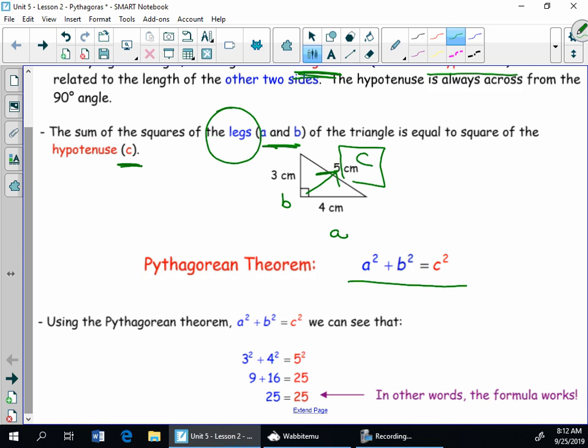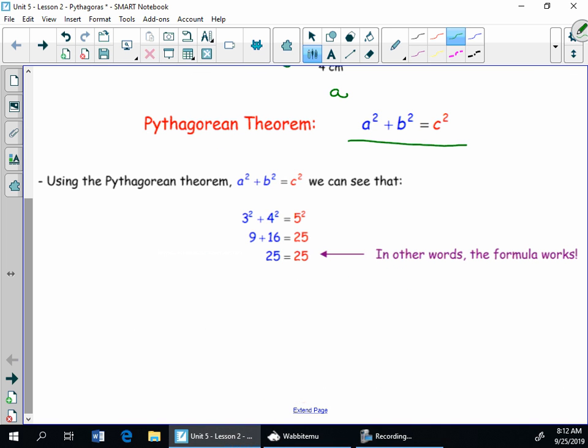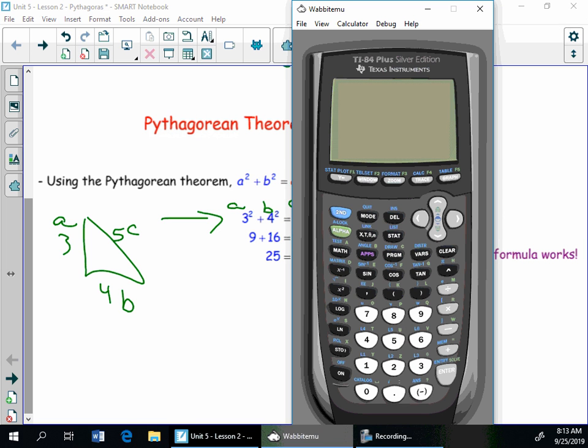So if you take your two legs, I'll show you an example right here of that triangle. 3, 4, and 5. My two legs, so A squared plus B squared equals C squared. A reminder with our calculators, I have a big old calculator here. When I square something, and I'm doing 3, I use my squared button.